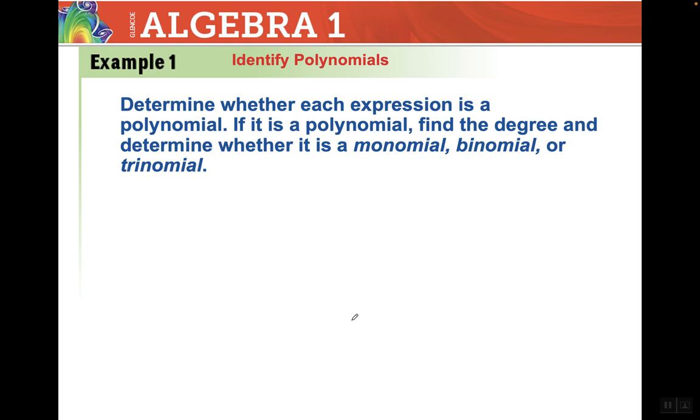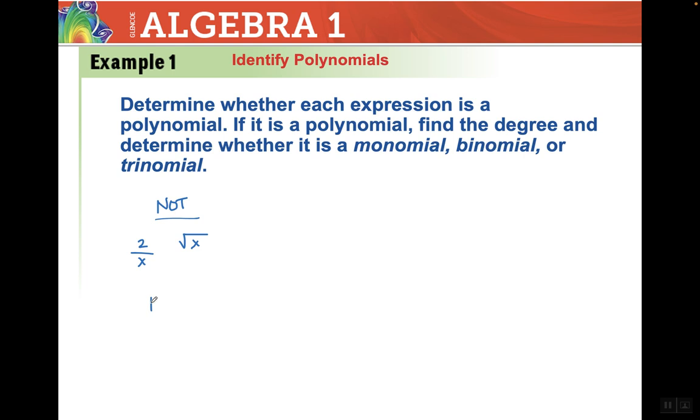Okay, so to identify polynomials, the things that are not polynomials. I know you guys took notes on this, but I will just refresh your memories. So not is if you have a variable in the denominator, like 2 over x, or if you have a square root of x, or if you have a negative degree or a rational degree, like a fraction.